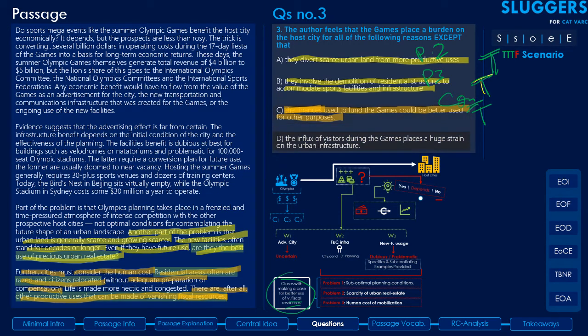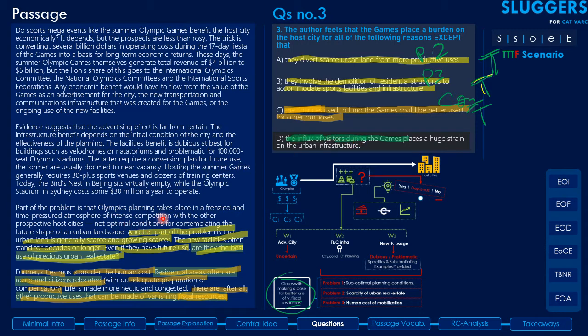it says that the influx of visitors during the games places a huge strain on the urban infrastructure. Okay, see, as much as the author has talked about the costs involved and the problems related to creating such huge infrastructure in the host city, nowhere has he said anything about the influx of visitors.